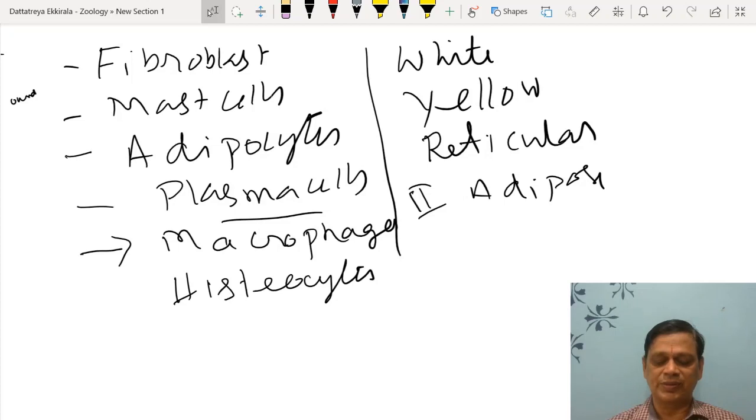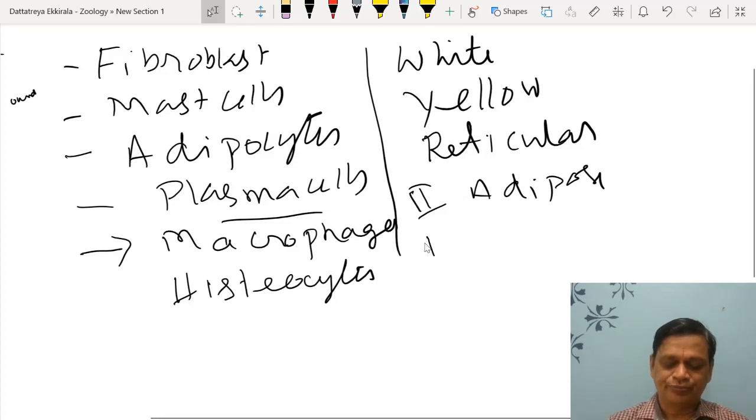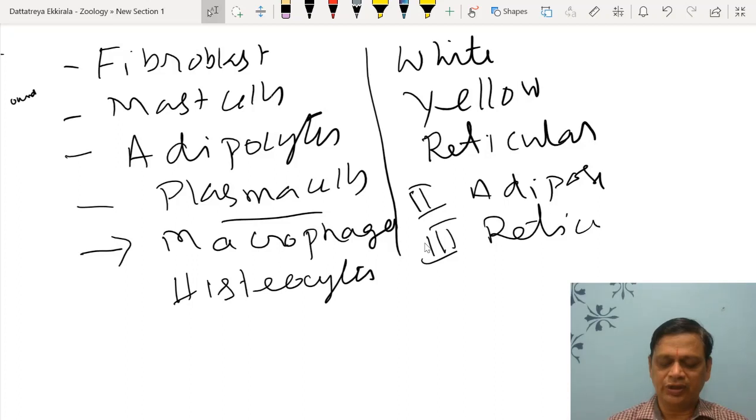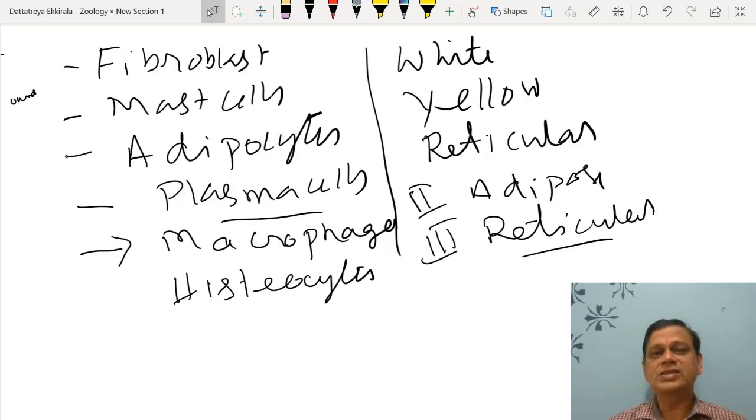Blubber also represents the adipose tissue, insulating the body. Then reticular connective tissue is also a connective tissue proper. This can be seen in hemopoietic tissues like bone marrow. Liver and spleen may also show reticular tissue. So that is about connective tissue proper.